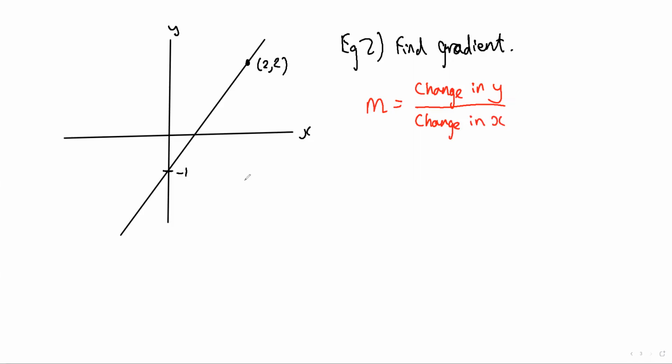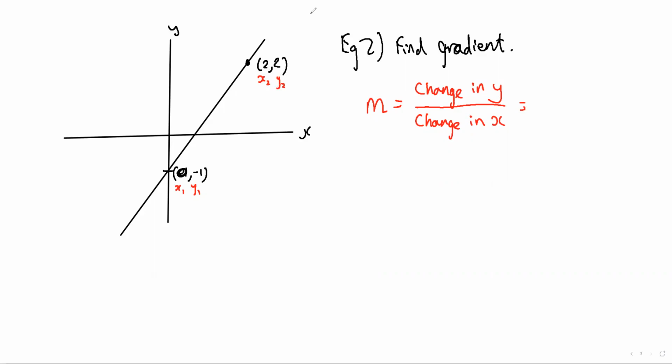If we make this a coordinate, so this would be 0, -1, we can label the first coordinate as x1, y1, and the second coordinate as x2, y2.